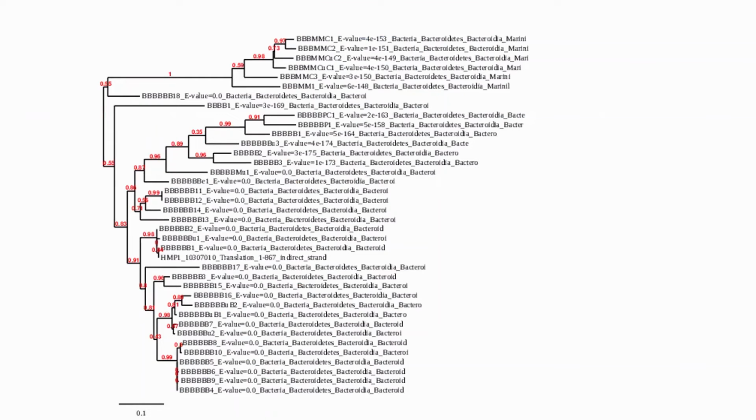So the kind of tree you will get will be similar to that one. As you can see, for all of the branches or leaves, the way it's annotated, you have BBMC1. In fact, it's the initial of each name of your taxonomic lineage. Here it's bacteria, Bacteroidetes, Bacteroidia, and so on.